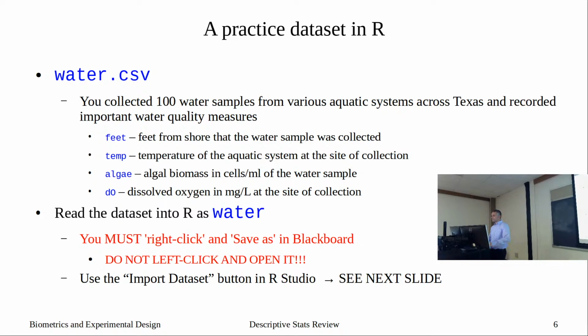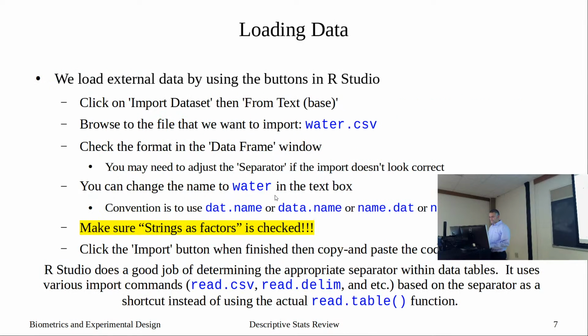All right, so I imported the data set into R, just following this process. Import dataset. We're going to import it from text base. That's also kind of important because we have a couple different libraries that RStudio will use to import the dataset. We want to make sure we use the base so that things work correctly.